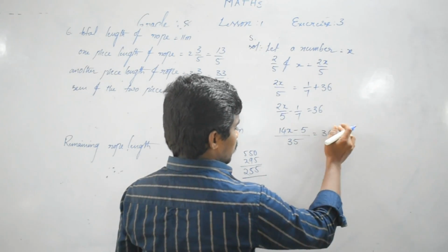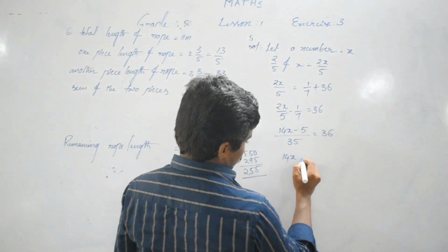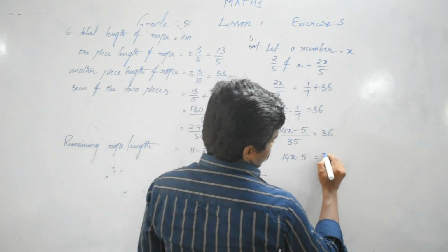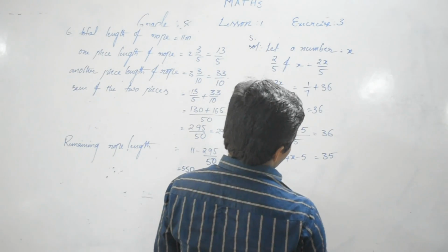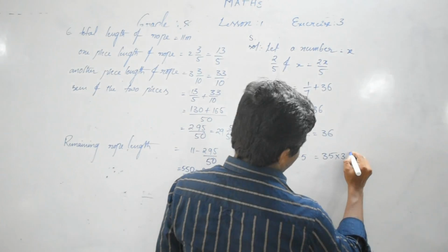So here 35 moving this side. 14x minus 5x is equal to 35 into 36.